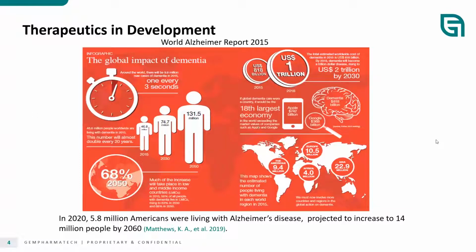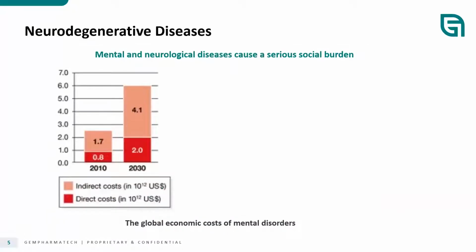Alzheimer's disease is the most common form of dementia, and it does not have an effective treatment at this point. As symptoms worsen, individuals must rely on caregivers for their daily needs, resulting in serious social as well as financial burden.